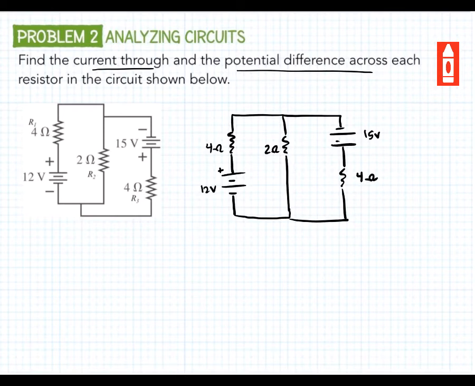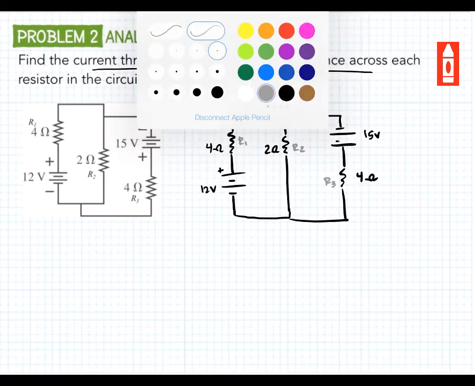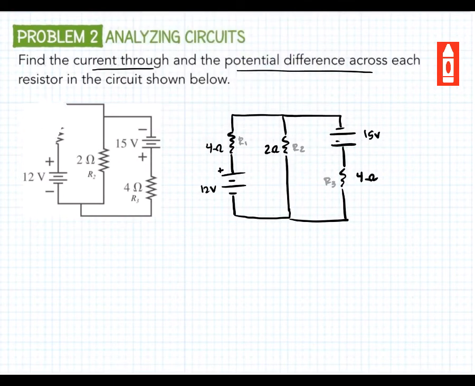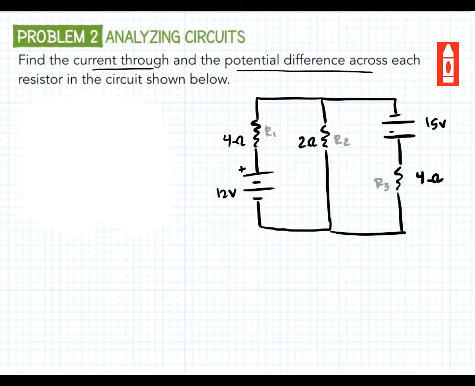So let's label them with a little bit different color. Call this one R1, this one is R2, and this one is R3. All right? And we're going to just get rid of this thing so that we can have more space. What we want to do here is check out what the different currents are for this circuit.